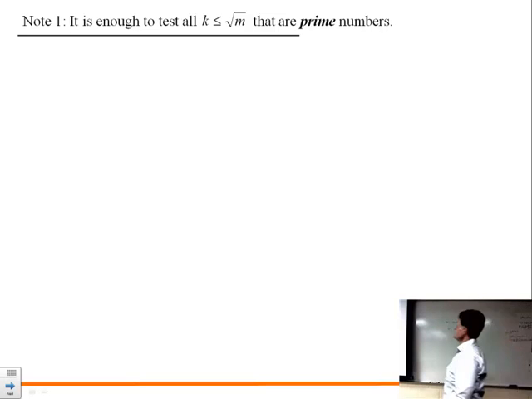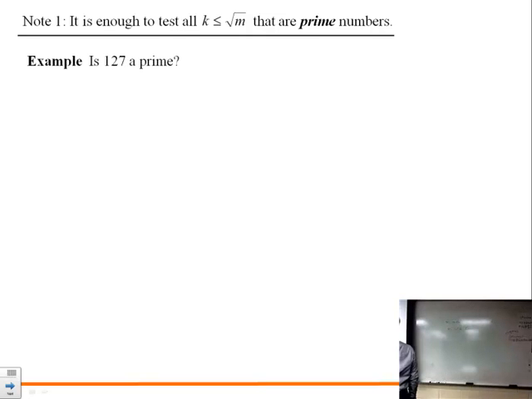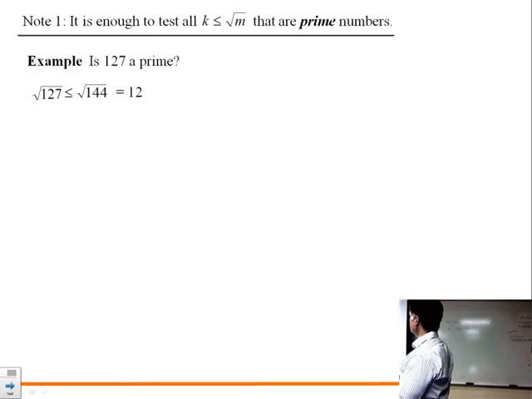Okay. So for example, is 127 prime? All right. So what's the square root of 127 roughly? It's 11 point something. Okay. So I lied. There are some real numbers here calculated. But it's less than or equal to 12.